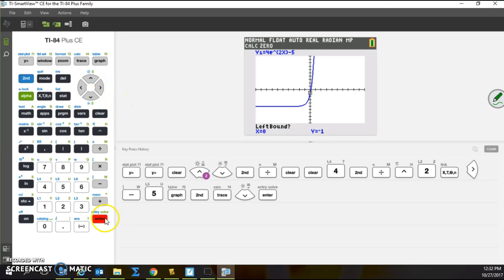And then it says, of course, we want to go to the right bound. So we're going to use the arrow, move over to the right hand side of that intersection. The guess is 0.3 and 2.3. The actual 0, when y is 0, x is 0.112 if we rounded that to the nearest thousandth.